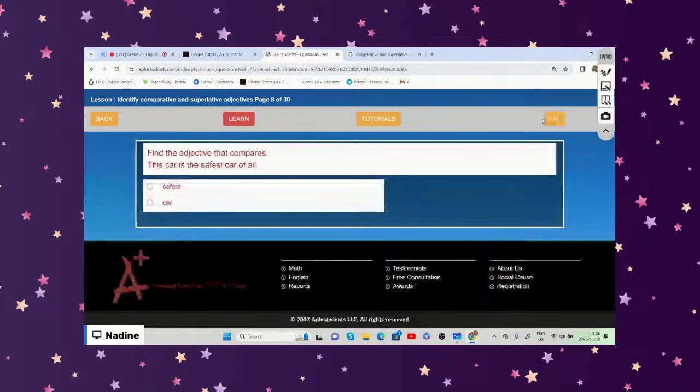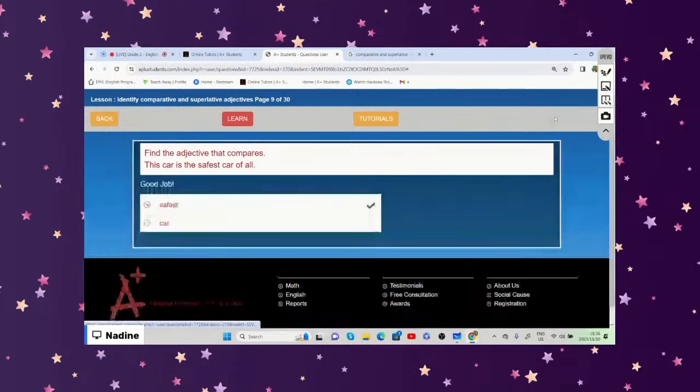And then we have, oopsie, this car is the safest car of all. Is it safest or is it car? So we will then choose safest. All right.